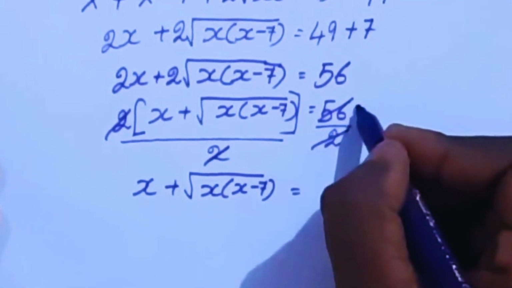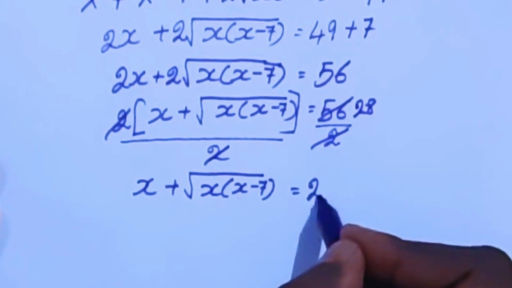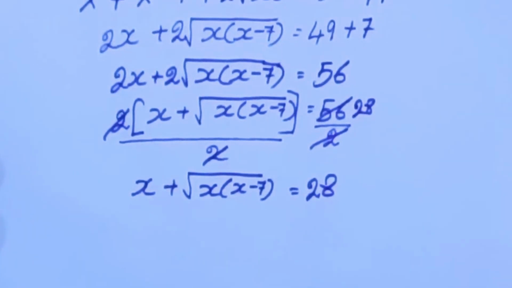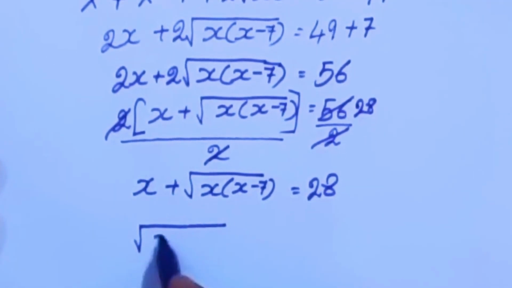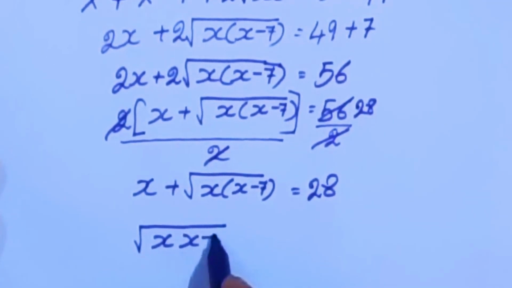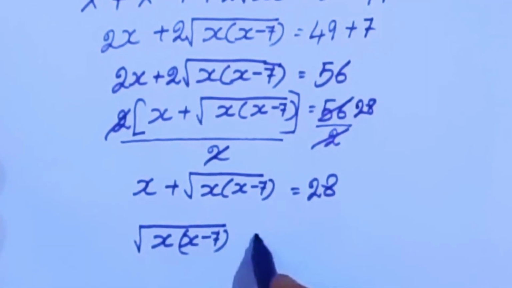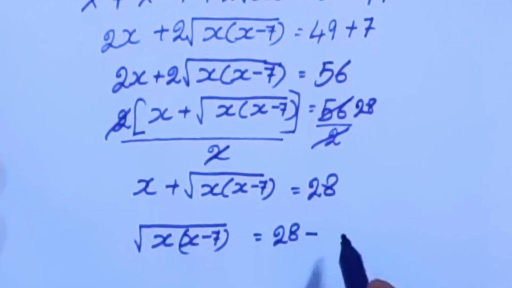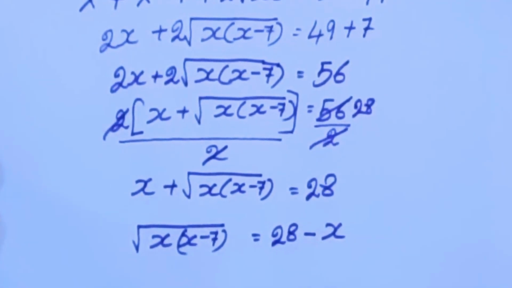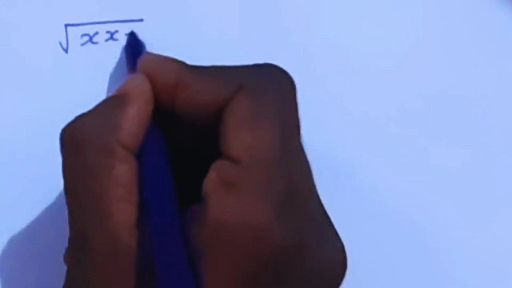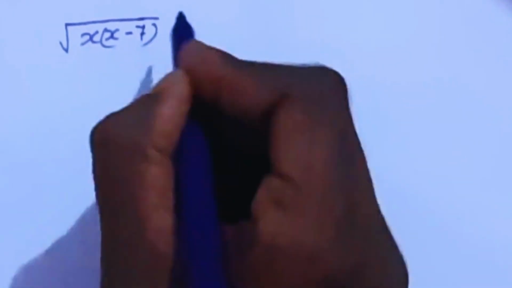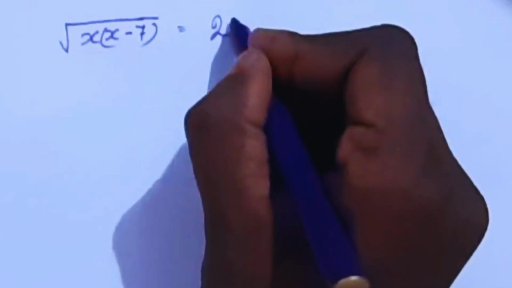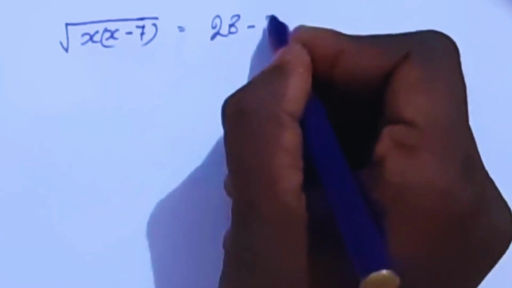we will get 28. So here 28. Now this we are moving right hand side, square root of x times (x minus 7) equal to 28 minus x. Now square root of x times (x minus 7) equal to 28 minus x.